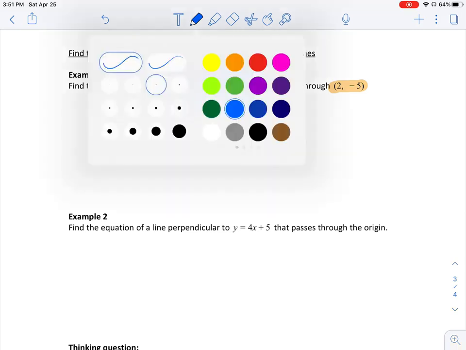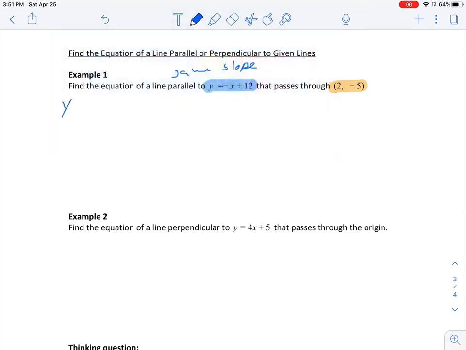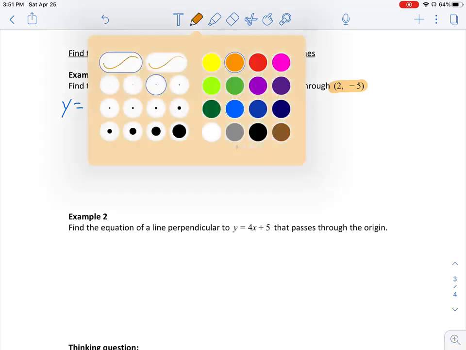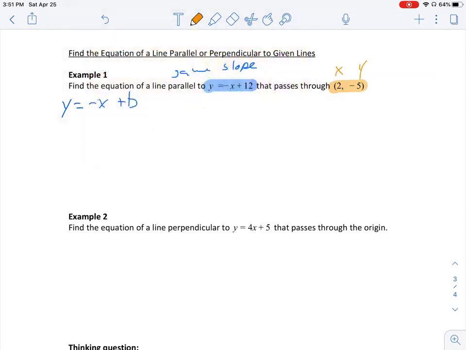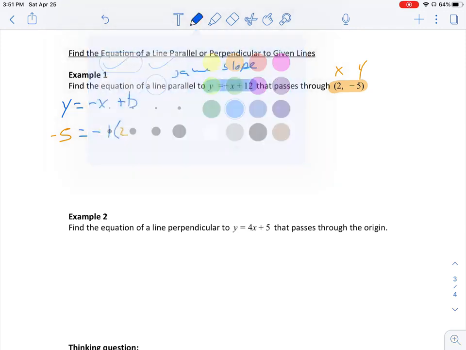So in my equation, y equals negative x plus b. Now I need to plug in my x and y values that are given. So negative 5 equals negative 1 multiplied by, in this case, the x is 2, plus b.